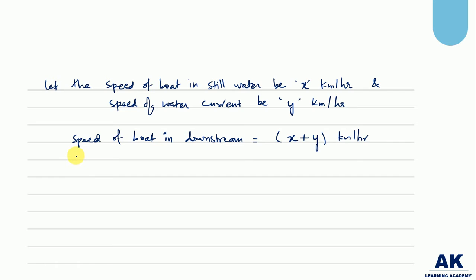And the speed of the boat in upstream is the difference of the speed of the boat in still water and the speed of the water current. Therefore, it is x minus y kilometer per hour, right?